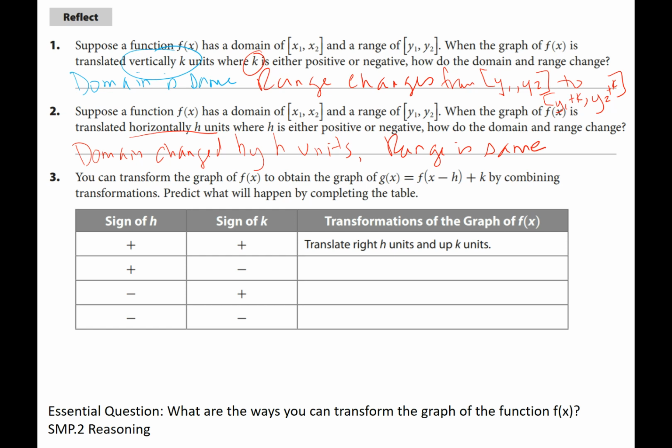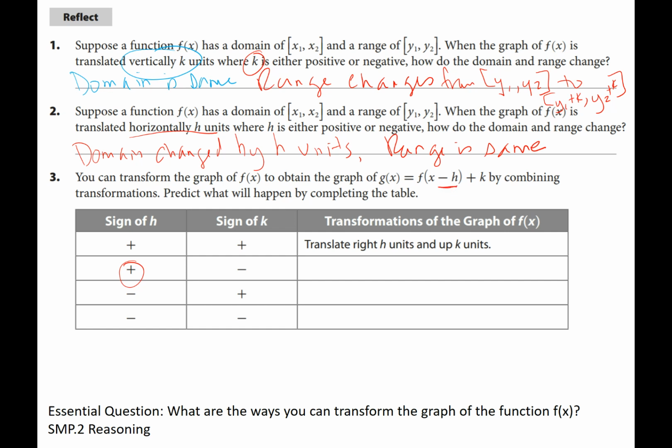All right, you can transform the graph of f to obtain the graph of g of x equals f of x minus h plus k by combining transformations. Predict what will happen by completing the table. Okay, so they're saying if h is positive, so remember that's going to make the sign opposite, so it's going to keep it negative.